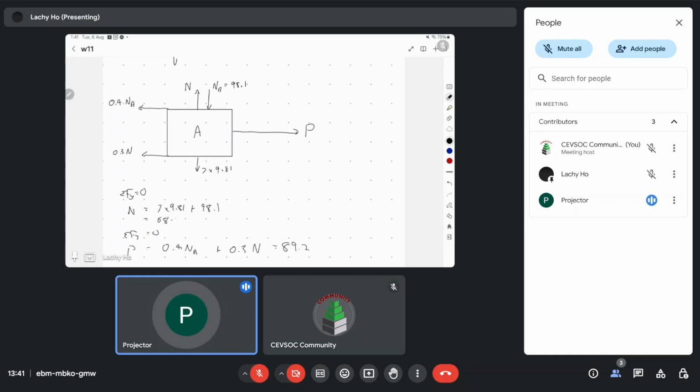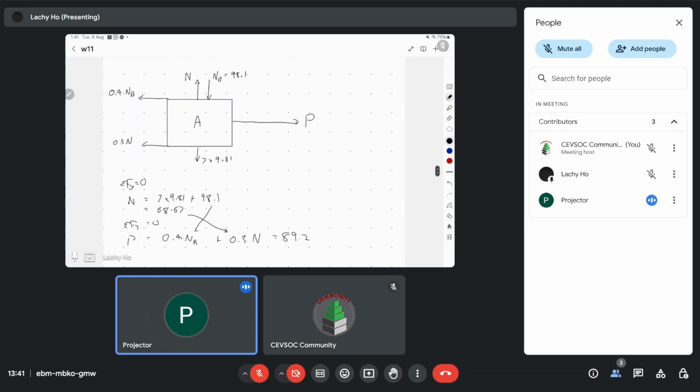So this should be 68.67, and then using this number and this number here, 89.2. Which is cool. It should be 166.77. When we set Fy equal to 0 and then find the normal... Oh, sorry, using that one, shouldn't it be 160?